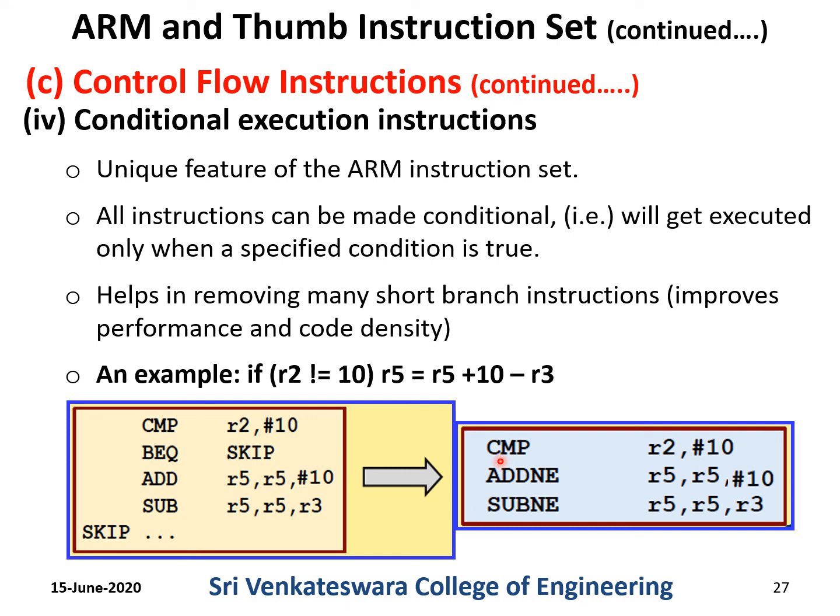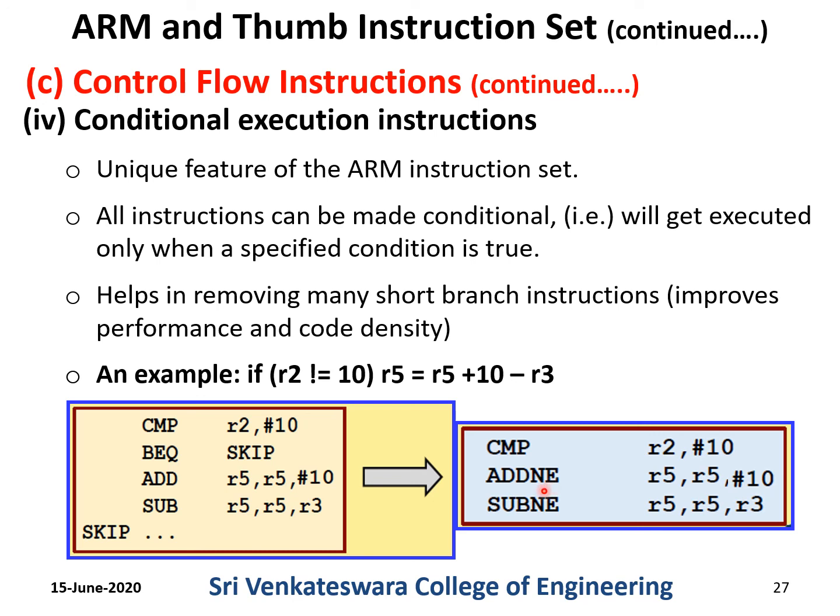The first instruction is the compare instruction, and this will either set or reset the Z flag depending upon what value is stored in R2. The next instruction is ADDNE, that is add if not equal. So this is a conditional execution instruction. It will check the condition here, because not equal is used.